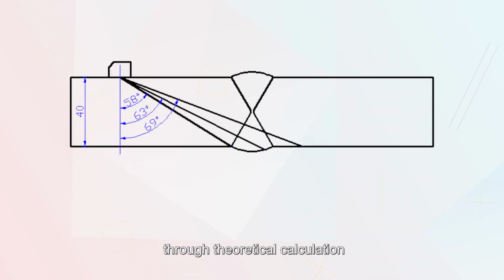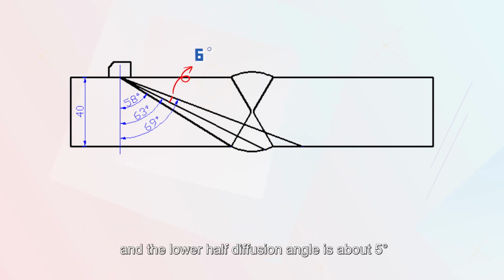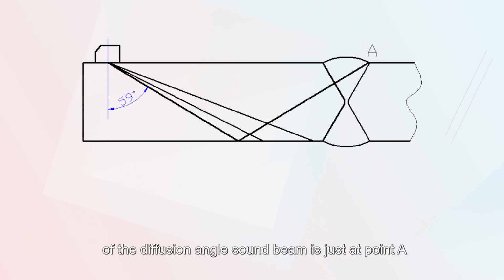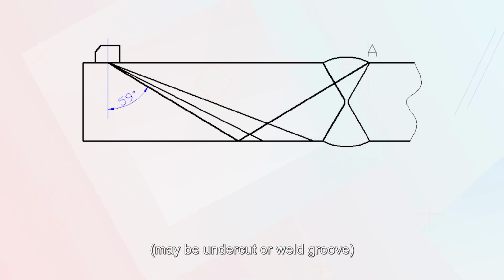First, through theoretical calculation, the upper half diffusion angle of the shear wave of the K2 oblique probe is about 6 degrees, and the lower half diffusion angle is about 5 degrees. The sound wave at the diffusion angle of 59 degrees is just at point A, which may be an undercut or weld groove, and the echo signal is stronger.